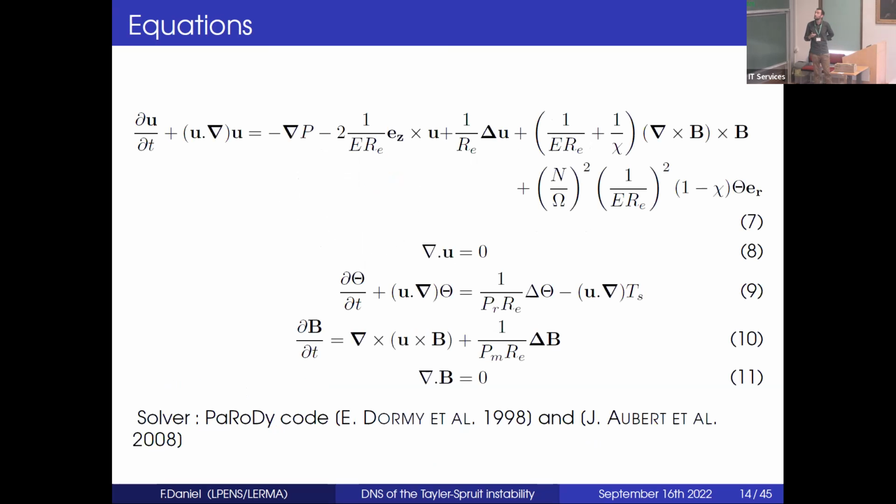Okay, so from that, the equations we solve are the classical MHD incompressible equations using the Boussinesq approximation. And the solver we use is the Parody code, which was developed by Emmanuel during his PhD, and which has had some optimization features added recently by Julien Aubert and his collaborators.